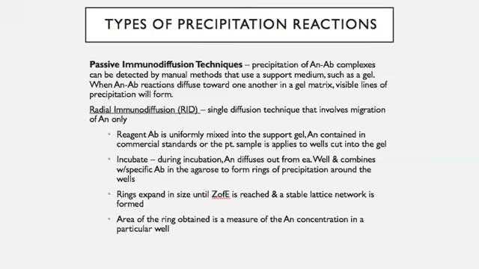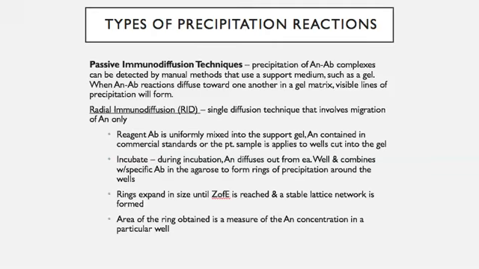Okay, some different types of precipitation reactions. So passive immunodiffusion techniques involve the precipitation of an antigen-antibody complex that can be detected by manual methods that use some type of support medium, such as a gel, like an agar gel.